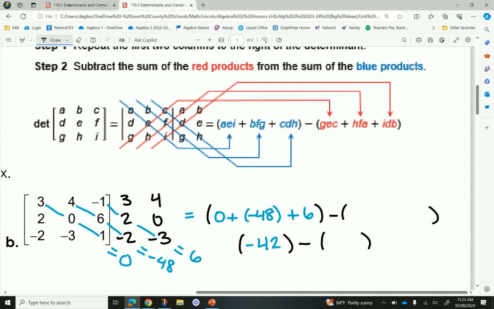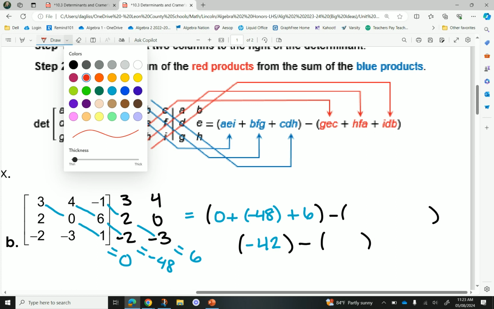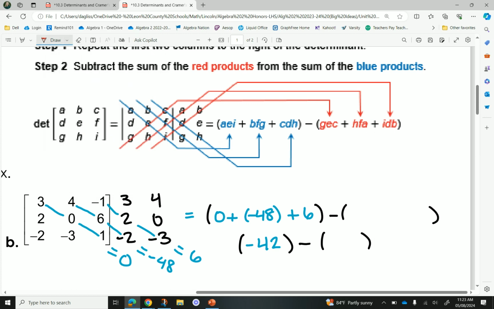All right. Now let's do our upward diagonals. So start in the bottom corner and diagonal up. Negative 2 times 0 times negative 1. 0. It's always nice when there's a 0 in there. Makes it a little bit easier. All right, next, negative 3 times 6 times 3.